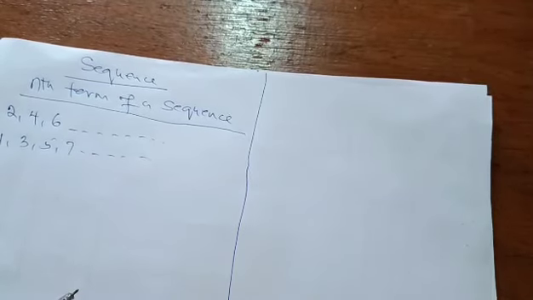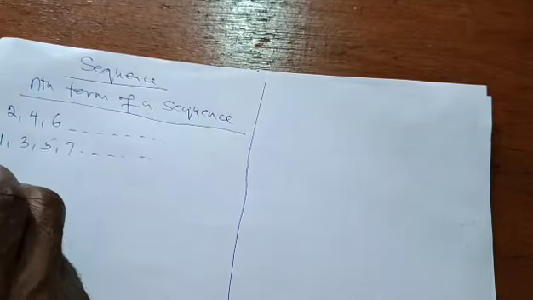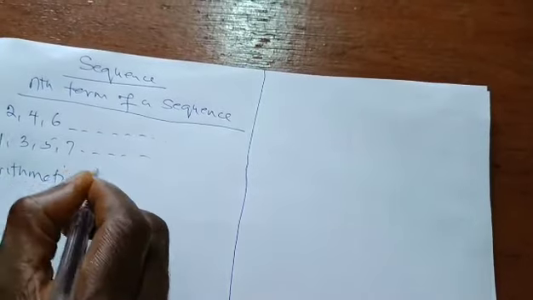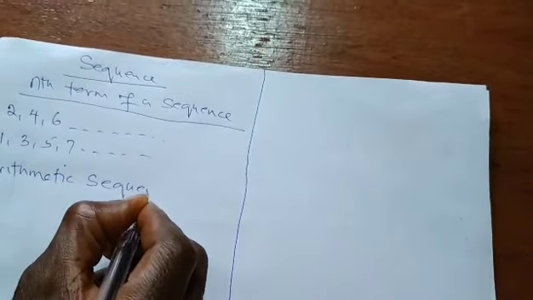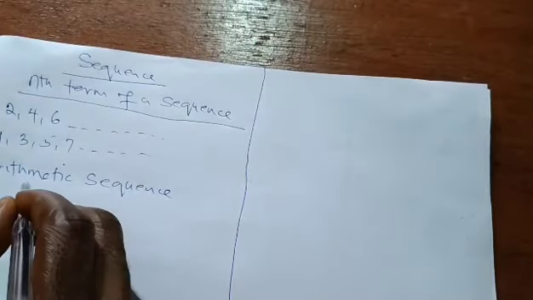In this context, we are going to be looking at a sequence called arithmetic progression, AP. We can also call it an arithmetic sequence, or a linear sequence.